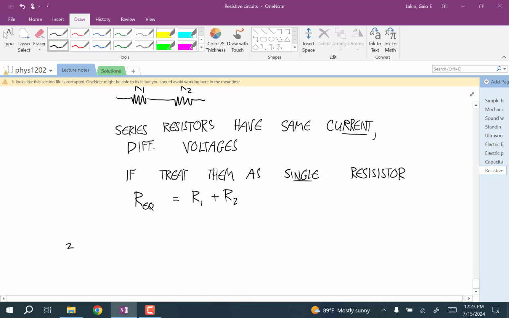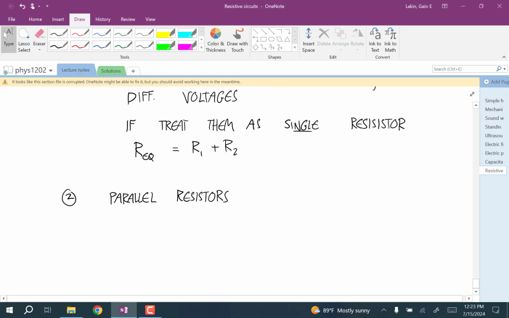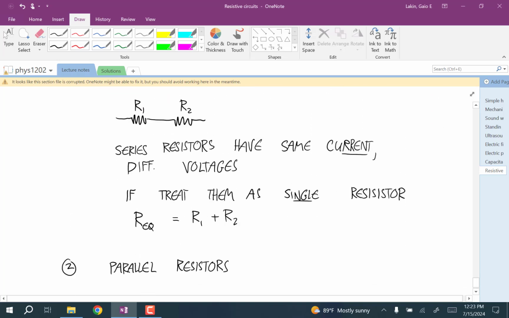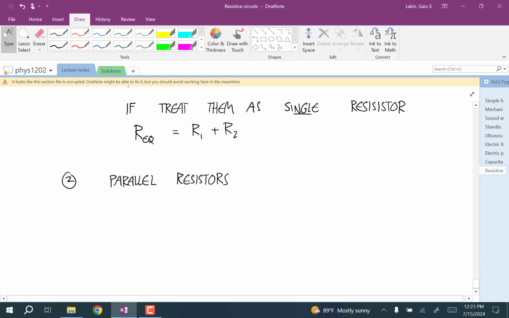The second type is parallel resistors. Parallel resistors share a node on each side.